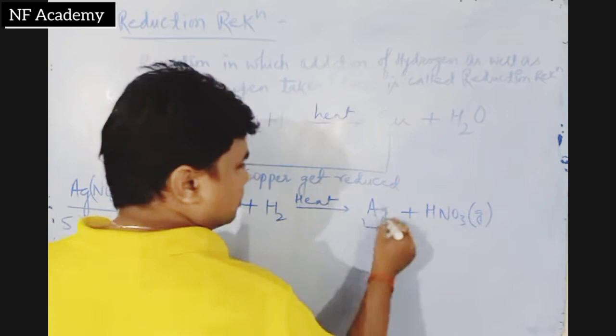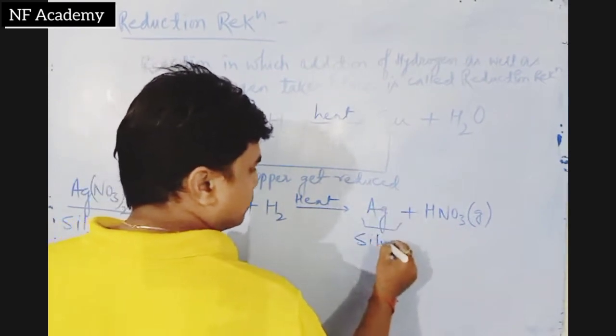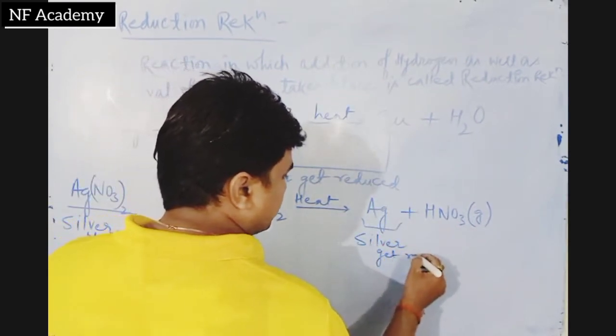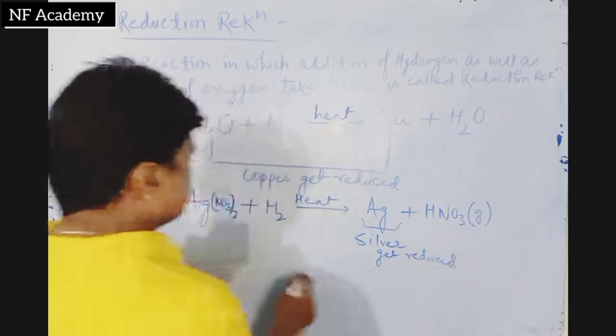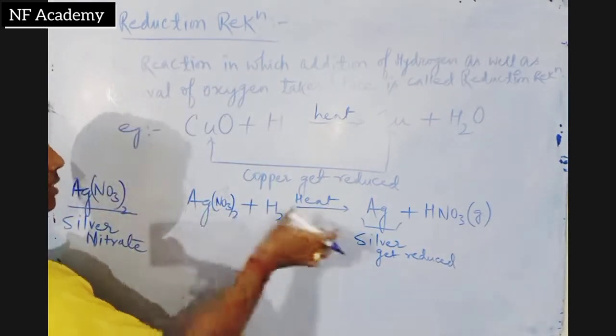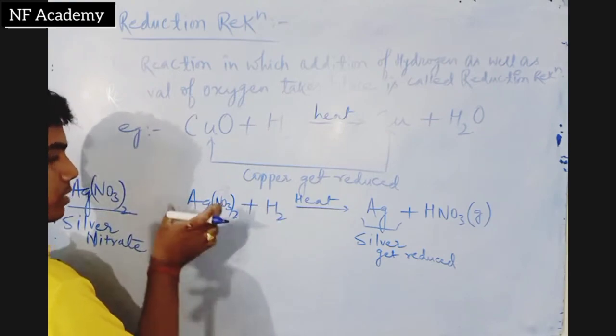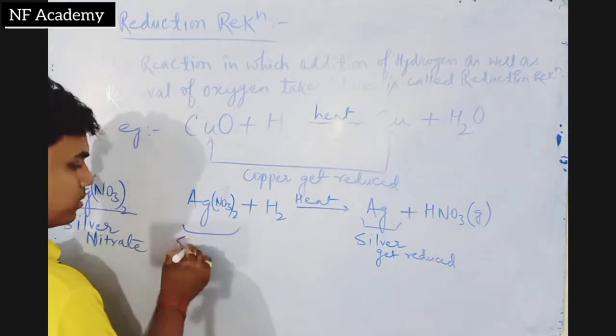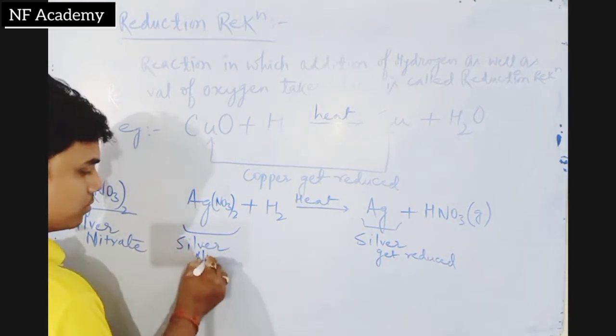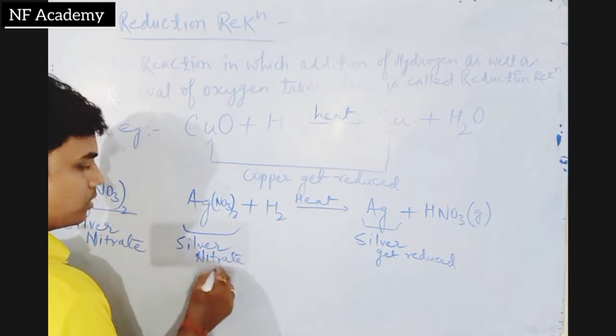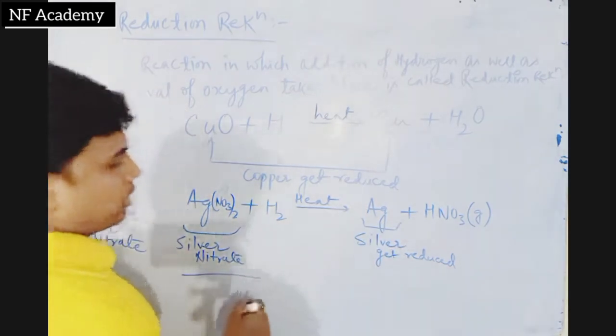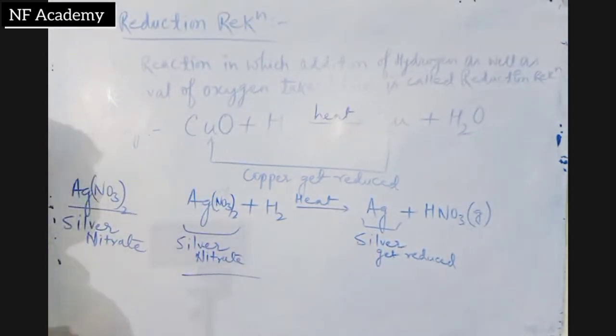Here silver gets reduced, from silver nitrate to silver. This element gets reduced during the reaction.